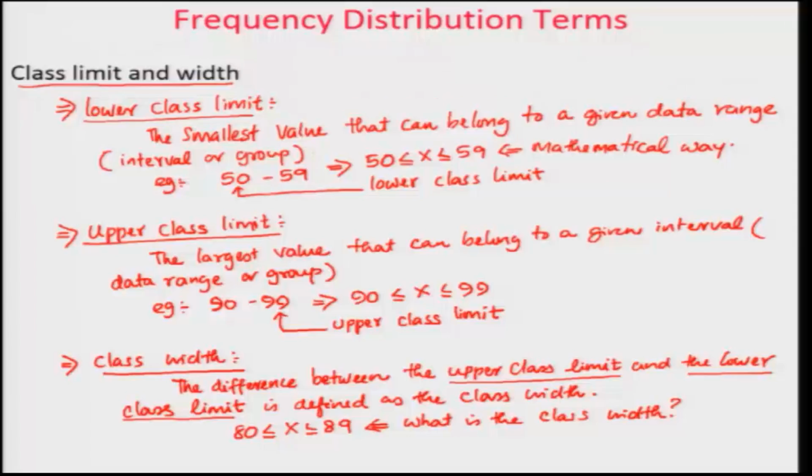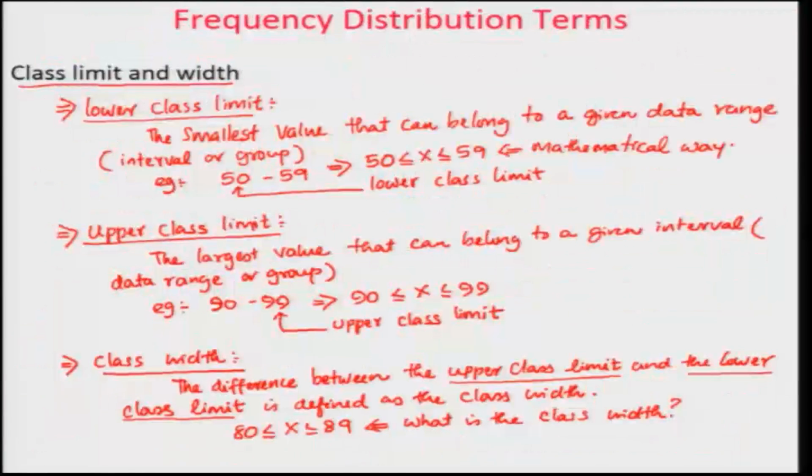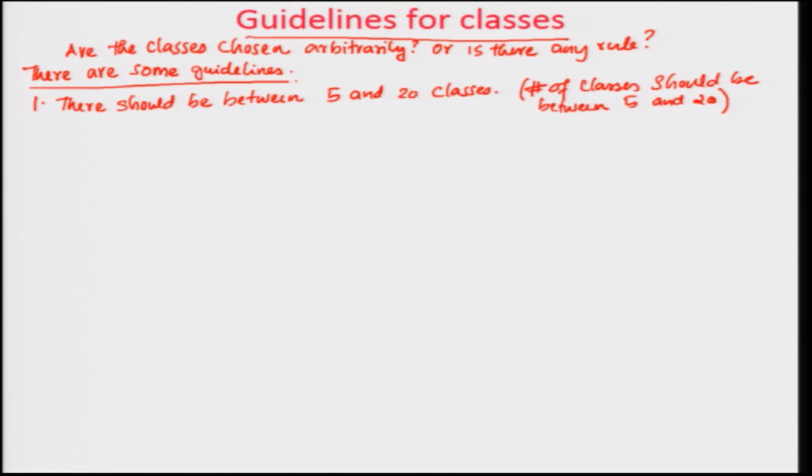If you notice how many classes I had: 1, 2, 3, 4, 5. So, I had 5 classes, and I exactly hit the lower end of the desirable number of classes in this case. Number 2: the class width should be an odd number.